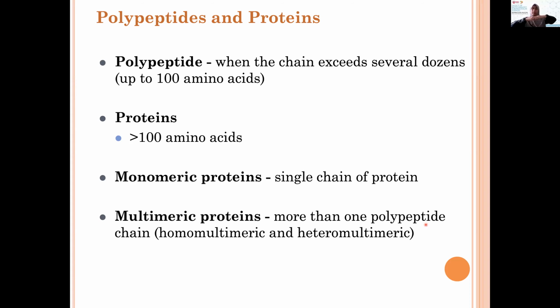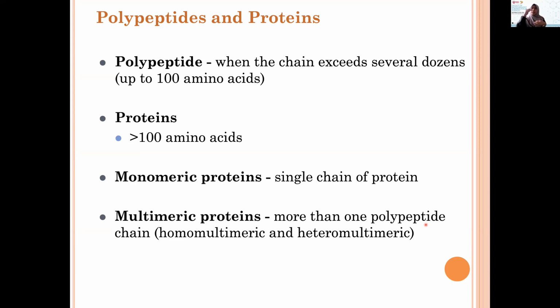So this insulin is called multimeric protein because it has 2 different types of polypeptide. Either it is homomultimeric or heteromultimeric, it depends on the type of polypeptide. So for insulin, we have a different sequence of 20 amino acids, and then the beta peptide has another different sequence of 31 amino acids.